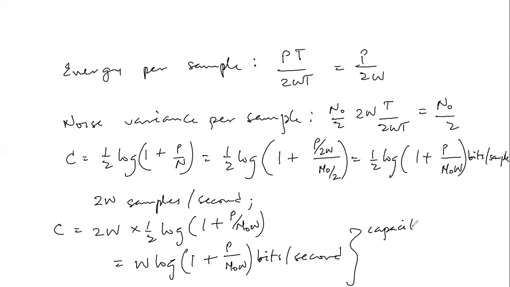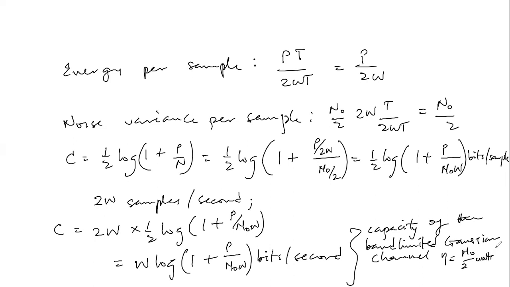Capacity of the band-limited Gaussian channel with noise spectral density N0 over 2 watts per hertz and power P watts.